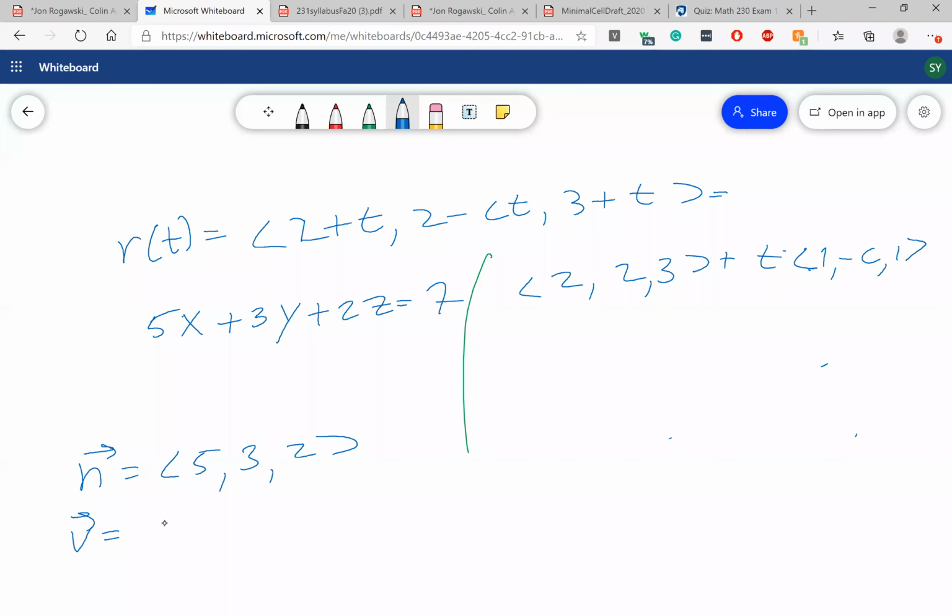So my V is equal to (1, negative c, 1). Now let's take their dot product and set it equal to 0. That's going to be 5 times 1 minus 3 times c plus 2 is equal to 0. So that means negative 3c is equal to negative 7, or in other words, c is equal to 7 over 3.